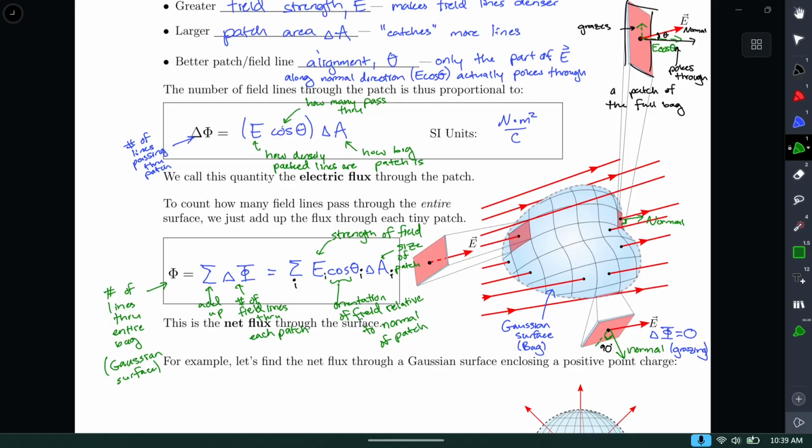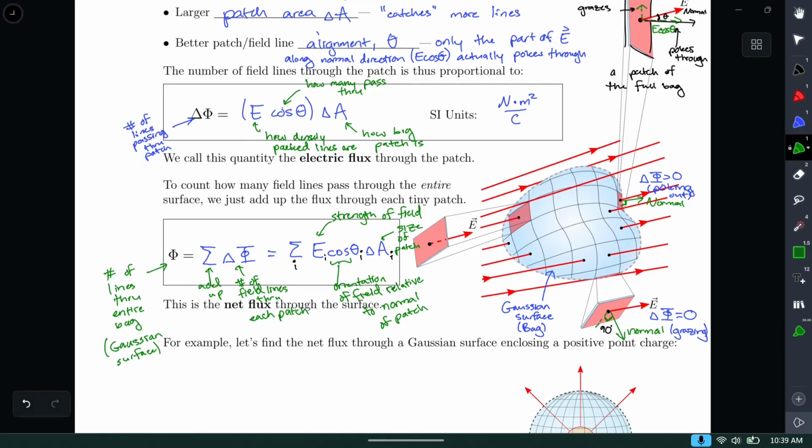It might not be perfectly aligned, but the angle is not 90 degrees. It's actually closer to a 0-degree angle between those two vectors. And so here we're expecting a positive flux. We're expecting this calculation to come out to a positive number to agree with the fact that that line pokes out of that patch.